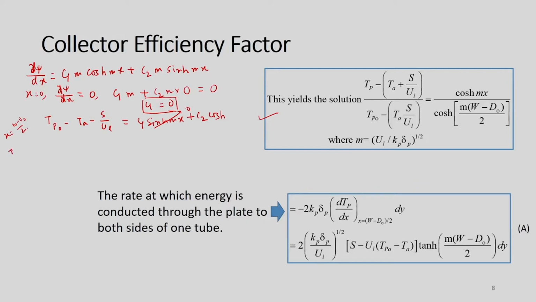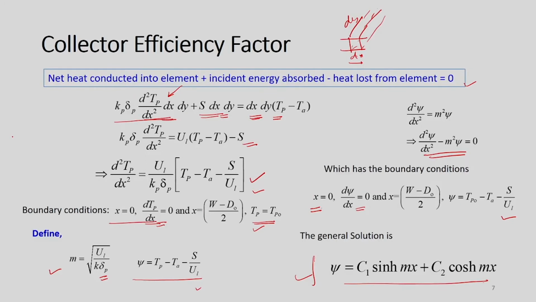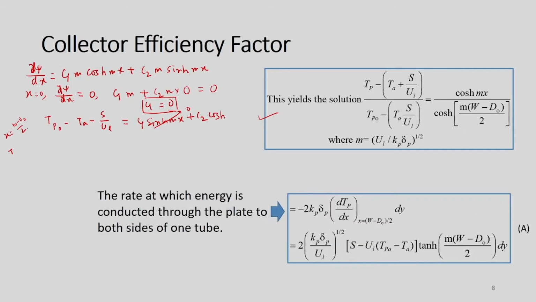Okay. So, we can go back to that, this is the boundary condition, this xi will be Tpo minus Ta minus S by UL. Okay. So, that way we can use this. So, this is nothing but no xi part. Okay. So, this is first boundary condition, and here m(W minus D naught by 2), right.